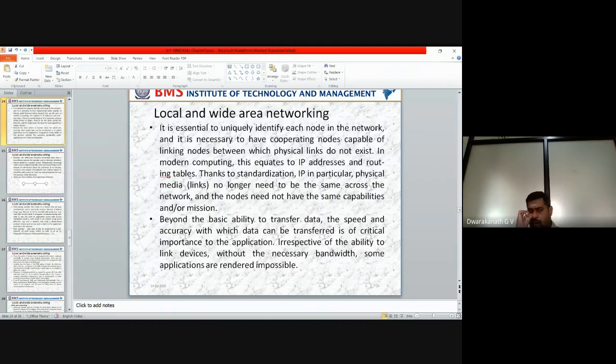In that, the connectivity and accuracy of sending that particular location in time is very important. So irrespective of the ability to link devices, without the necessary bandwidth some applications are rendered impossible. If it doesn't maintain very good bandwidth, even though you are linking the devices, you don't achieve your objective. You should always know that.